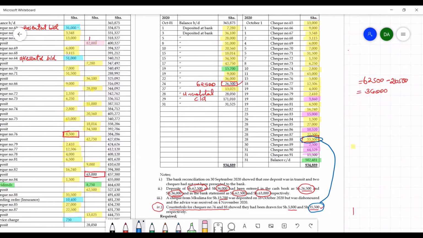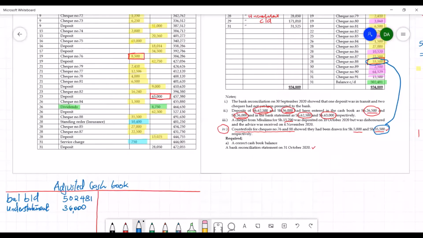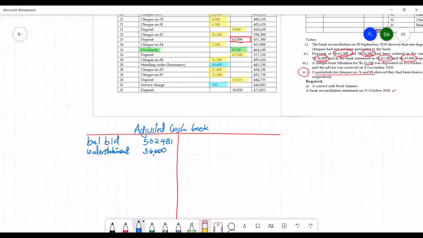That check was supposed to be 35,500, but was recorded at 53,500. That means it was overstated by 53,500 minus 35,500, which is equal to 18,000, being an overstatement on the credit side. If the credit side is overstated, then we cancel the error by recording the same amount on the opposite side. So on the debit side, we record the overstatement, which is another error, of 18,000.